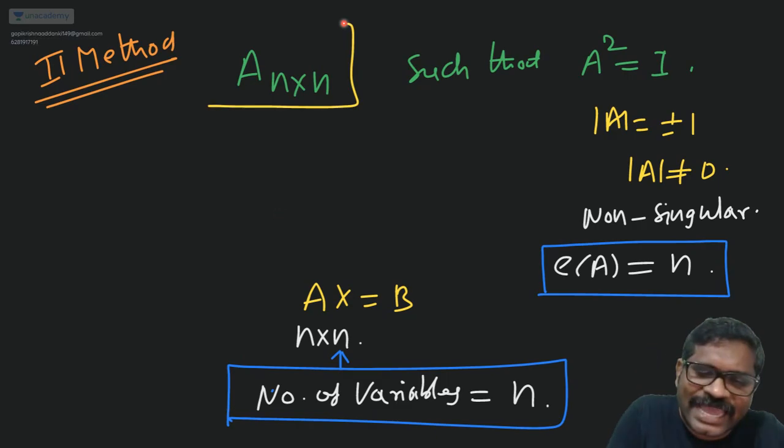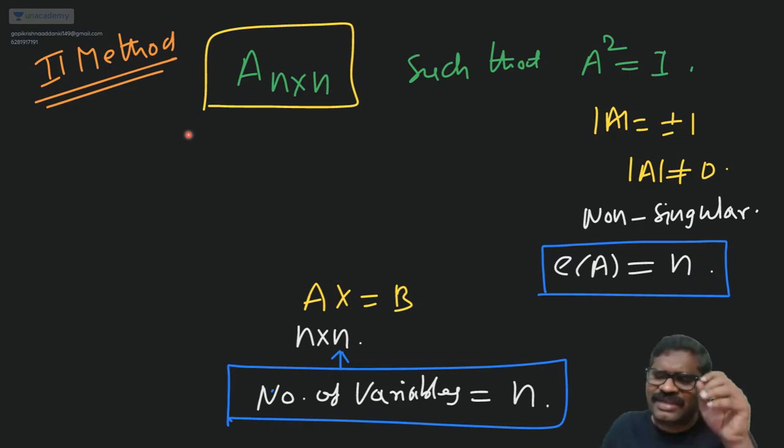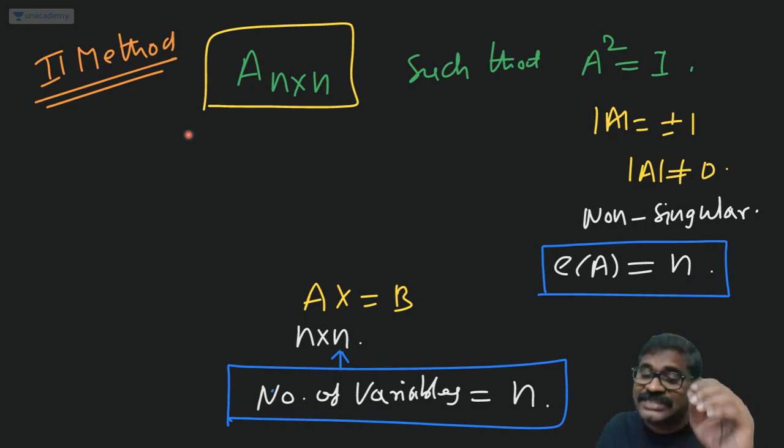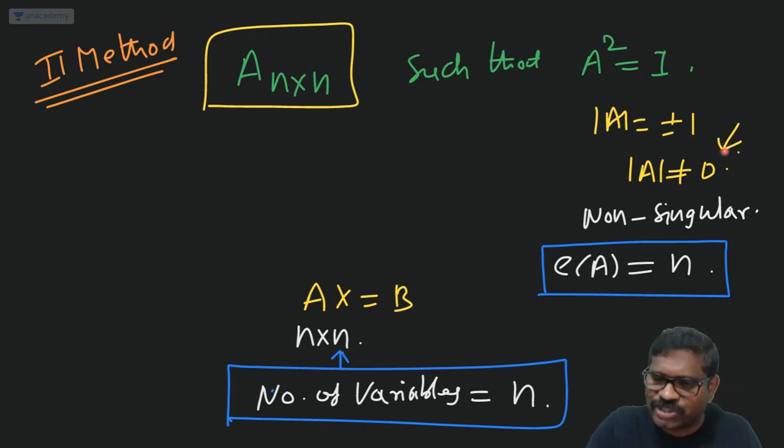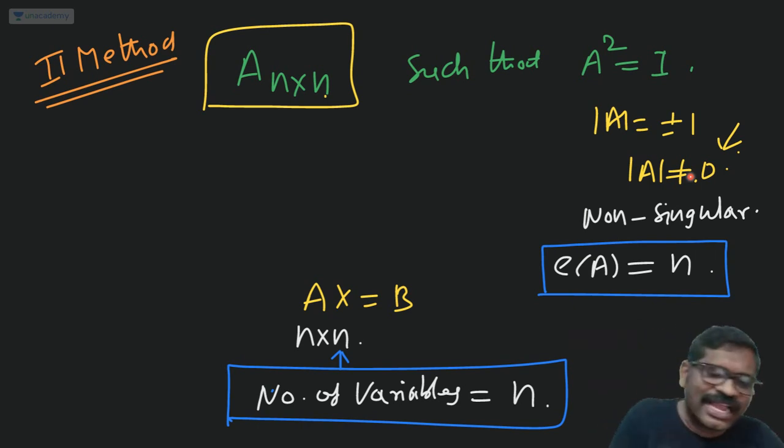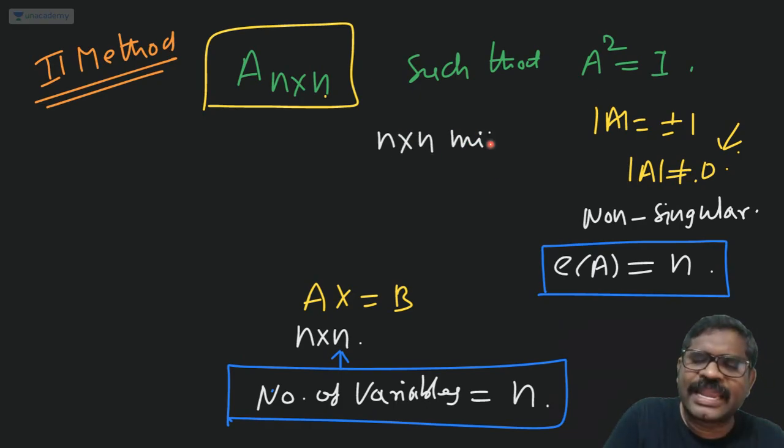Very conceptual. Matrix A is n cross n, where det A not equal to 0. Det A not equal to 0 means the n cross n minor of A is non-zero. A is an n cross n matrix. Det A non-zero means the n cross n minor is non-zero.